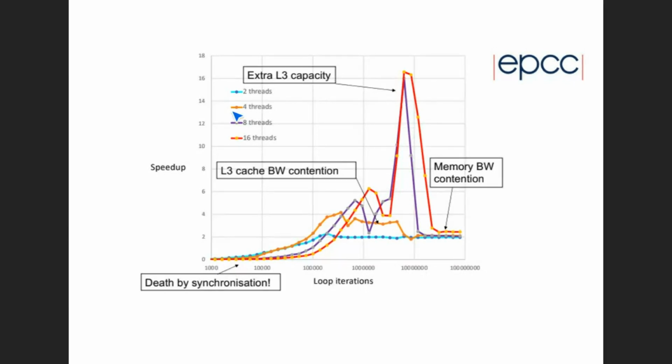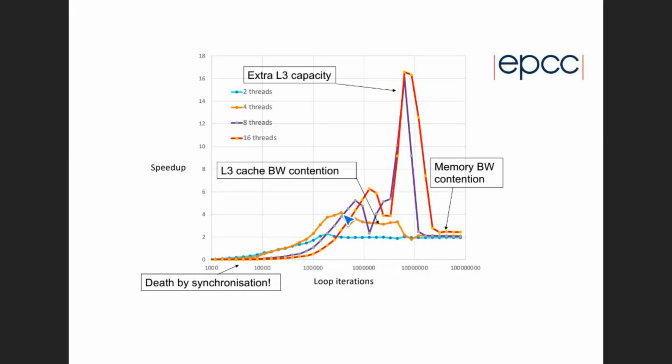But even if I go to 4 threads, something different happens. Again, once I've overcome the synchronization costs, I do at some point just about reach 4 times speed up, but then it drops a bit to something just over 3 for a while, and then eventually it drops back to something that's only just over 2.